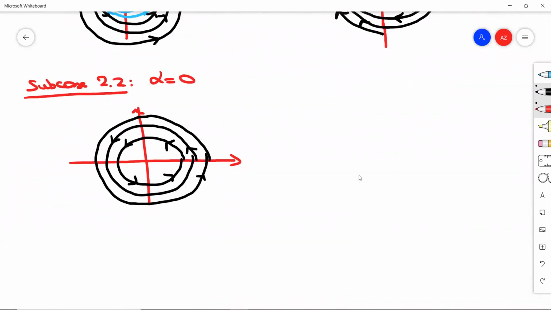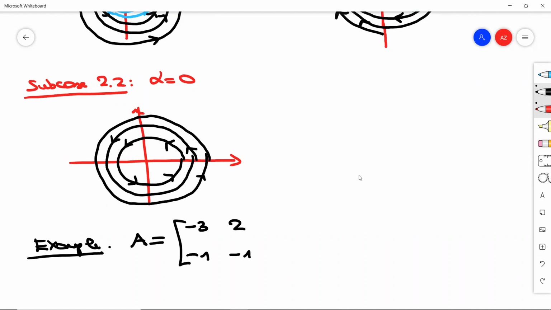Okay, let's look for the end of this hour, and for this discussion of phase portraits, at two examples. In the first example, we would like alpha to be not 0. So for the matrix, we take -3, 2, and -1, -1.